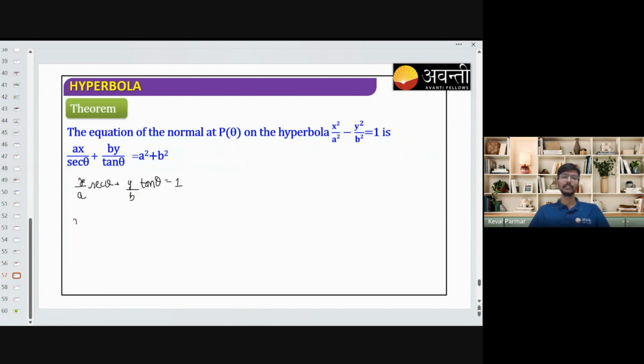What is the slope of tangent? We do the same thing. We are going to find the slope and then use slope point form. It is minus sec theta upon a upon tan theta upon b, which is b by a into sec theta upon tan theta.